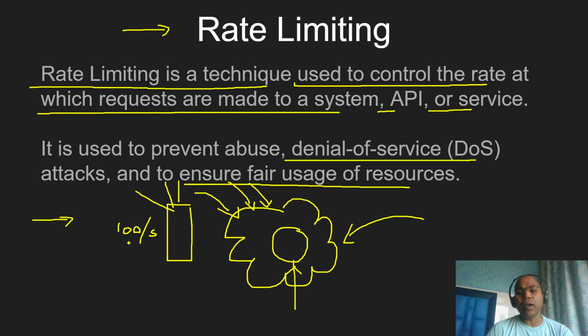let's see, maybe my system allows uploading data. I say in one day you can only upload 500 GB of data. What happens if a customer tries to send 1000 GB? We will not allow it, because we have only given such permission.